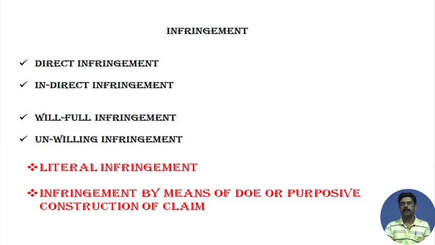They know that there is a patent, yet they are infringing. That is willful infringement. Unwilling infringement is where they are ignorant about the patent, ignorant about what infringement is. So they are treated as unwilling infringers.